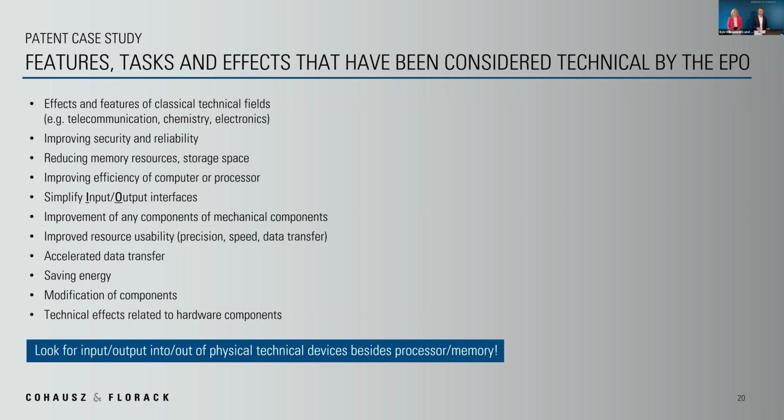And this might help to identify technical effects which might lie on the part of the software and might not be known, and even the inventors might not be aware of it because they think, oh, the technical thing is the app that I developed. So this is really interesting.